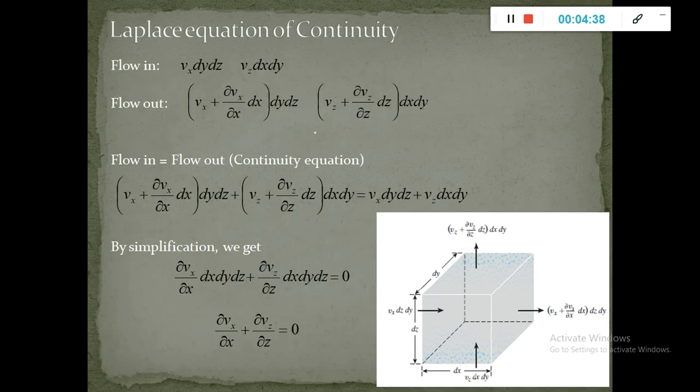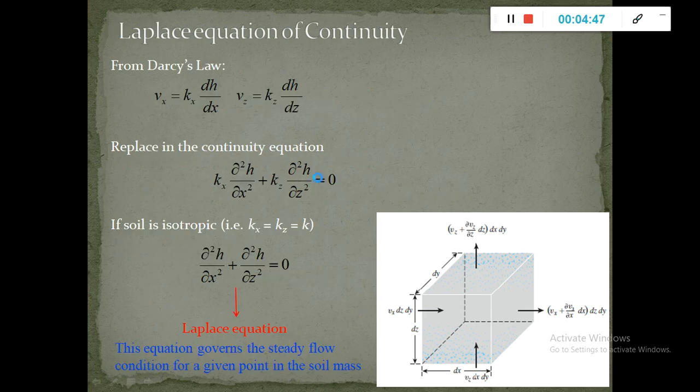From the Laplace equation we get this particular expression. Try to remember this expression, okay? That is basically the Laplace equation of continuity. So from here, for anisotropic soil or for isotropic soil, we get one particular Laplace equation.